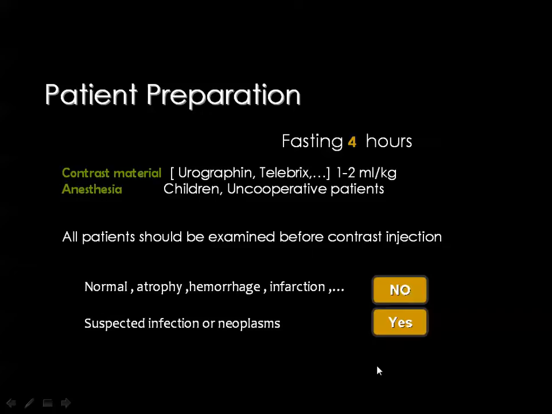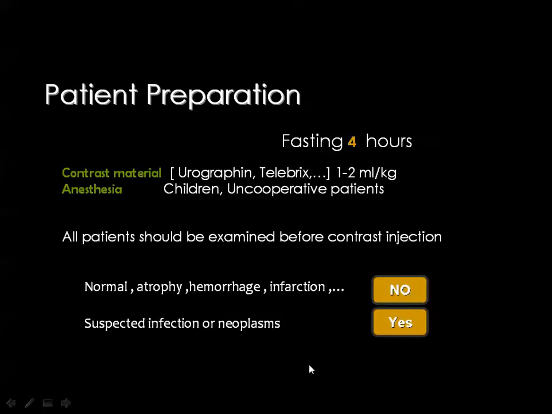And this is only indicated whenever we intend to inject the patient with contrast material, or we are going to give him some sedation in order not to move on the machine, disturbing the examination quality.